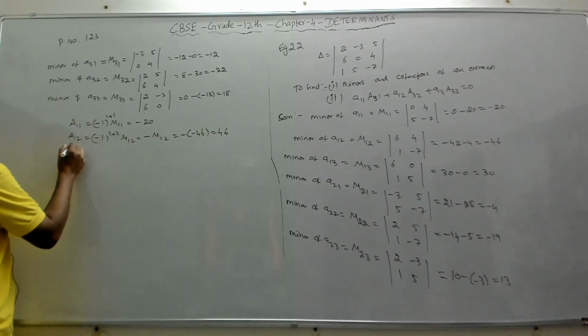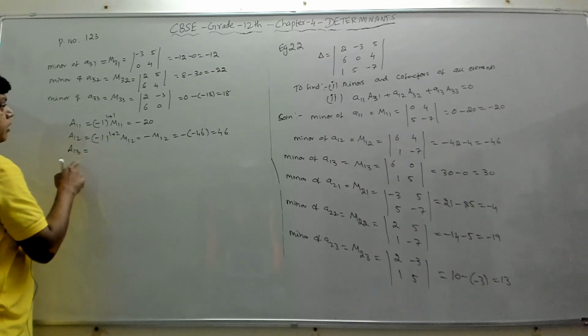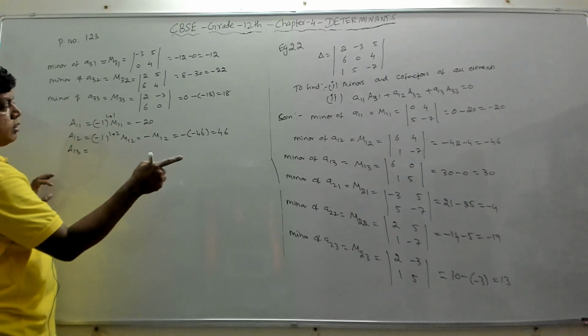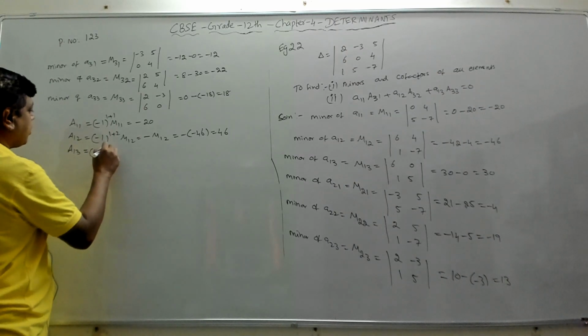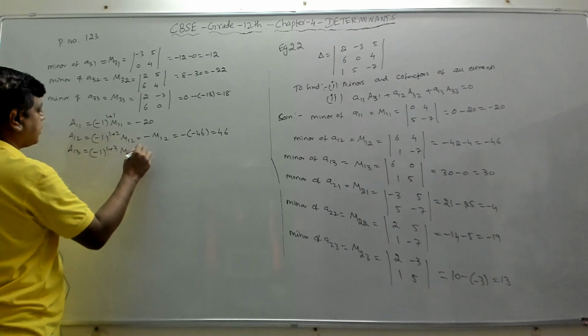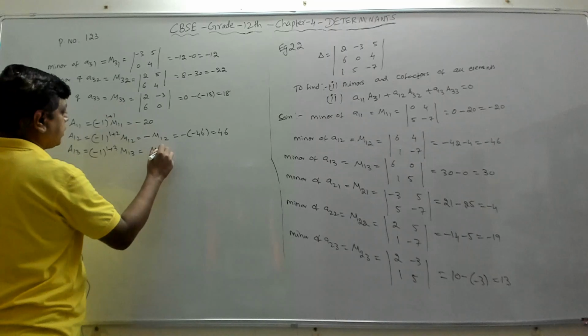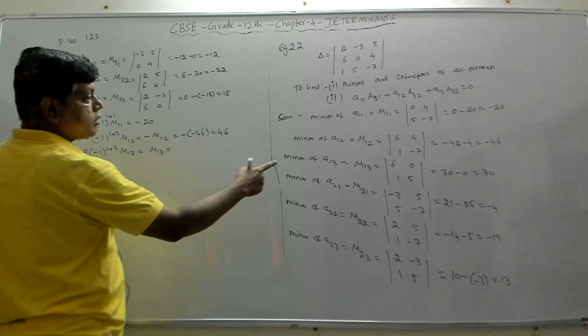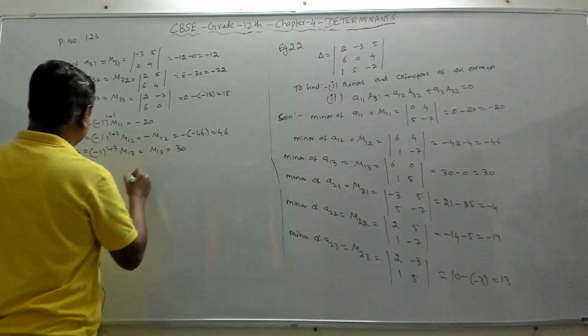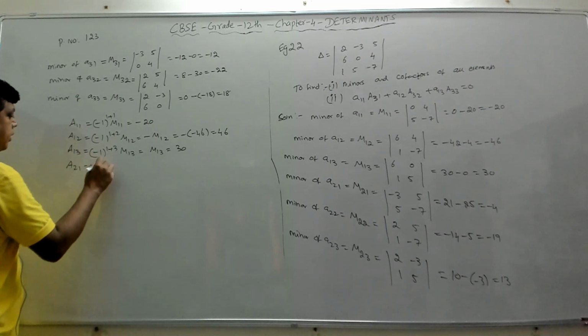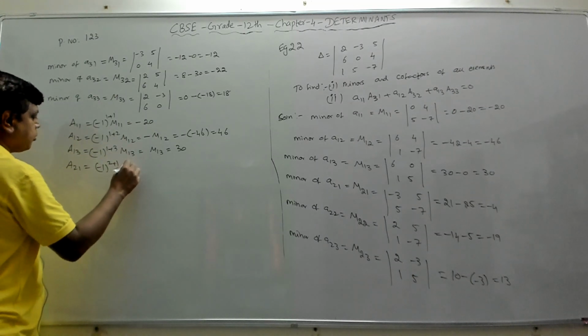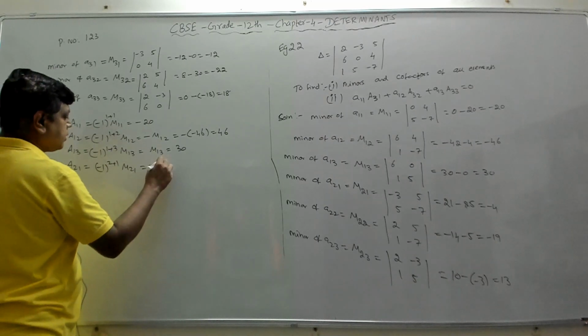Then A13, the cofactor of small a13, is minus 1 power 1 plus 3 of M13. So that is equal to M13, and M13 is 30. So A21 is minus 1 power 2 plus 1 of M21. That is equal to minus M21.